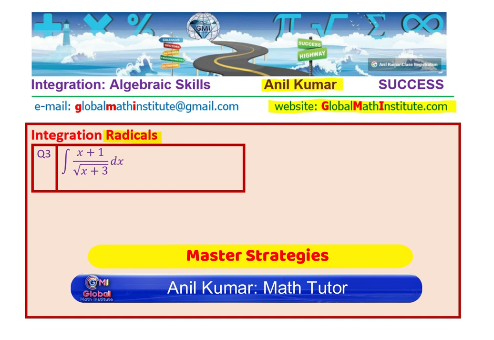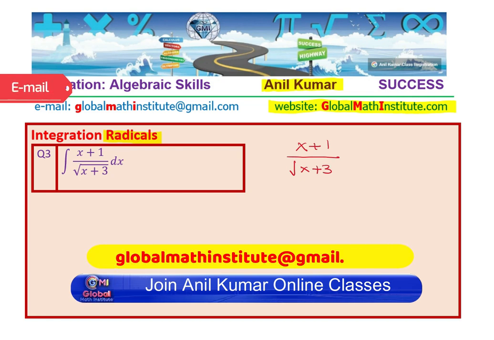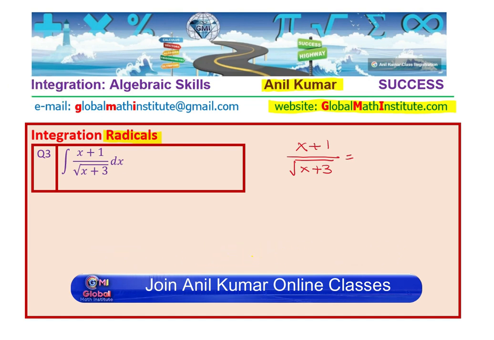Well, the strategy is, when you get this kind of question, which is x plus 1 over the square root of x plus 3, the idea is to write this expression with x plus 3 so that you have one radical. How could you do that?